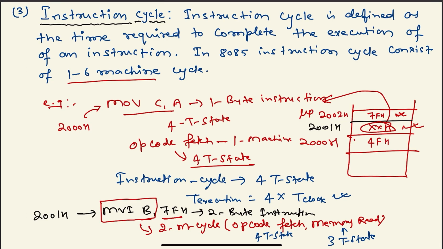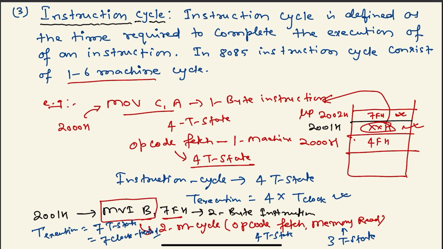So for this instruction, how much will the execution timing or instruction cycle timing be? It will be 7T states in total, which means 7 clock periods are required for the execution of this instruction. In this way, I hope you got clarity about the instruction cycle. The instruction cycle is the time required for the complete execution of an instruction.